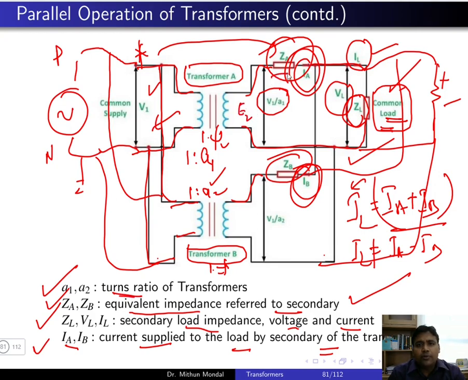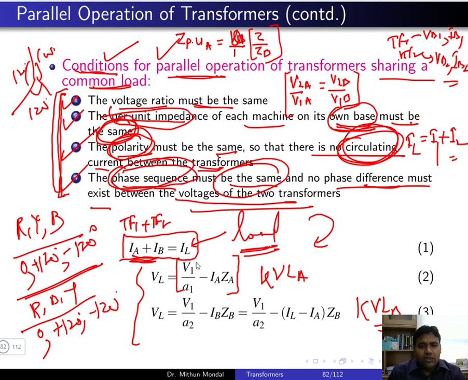Minus the drop in the impedance IAZA will give you the load voltage. Here V1 by A2 minus IBZB will give you the load voltage. So V1 by A1 minus IAZA will give you the load voltage VL, and V1 by A2 minus IBZB will give you the load voltage VL.